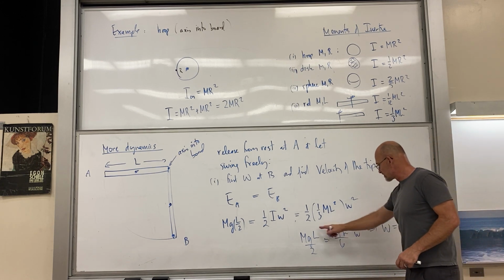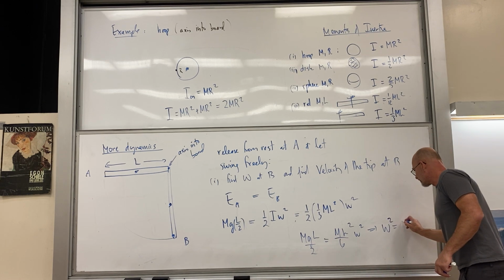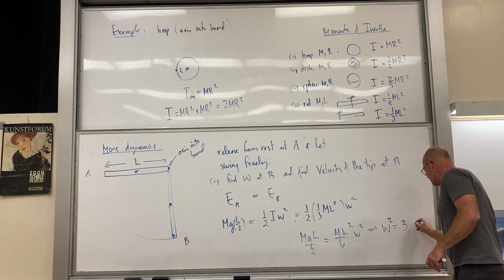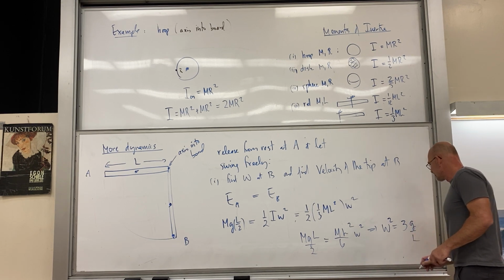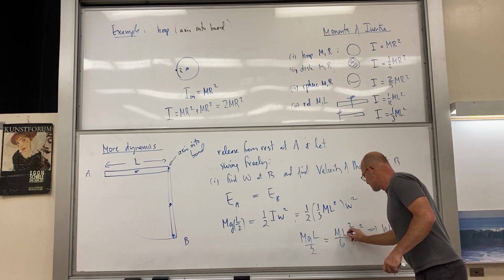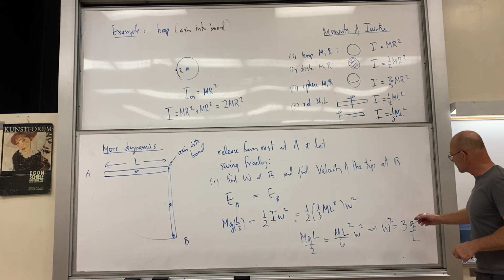So that'll be 6 over 2, that'll be 3, omega squared will be 3g divided by L. When we do that, 6 over 2 is 3, that's right. The m cancels, g over L. So 3g over L.